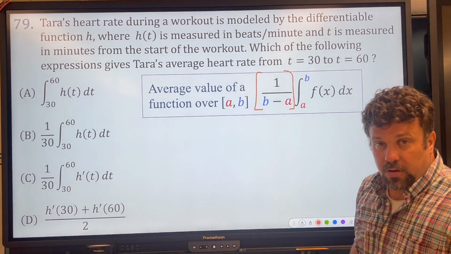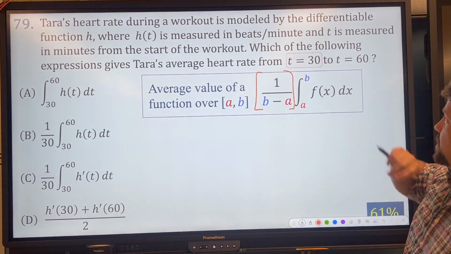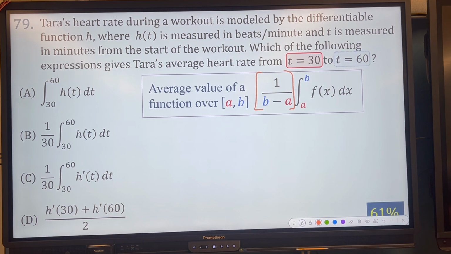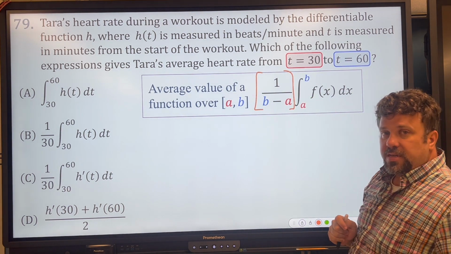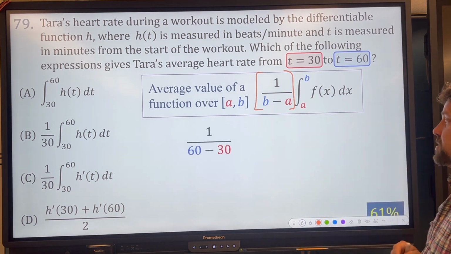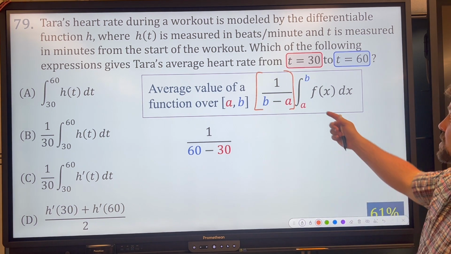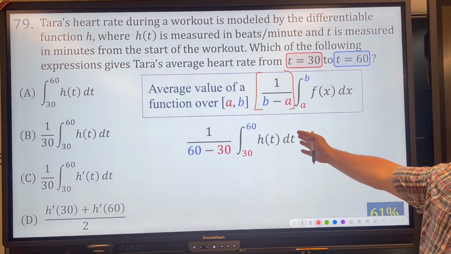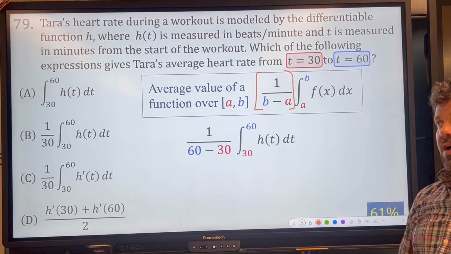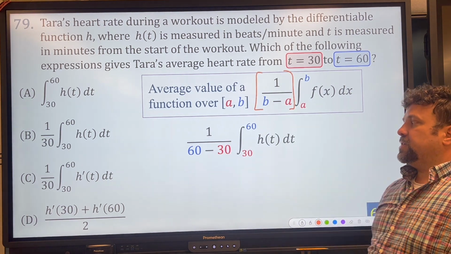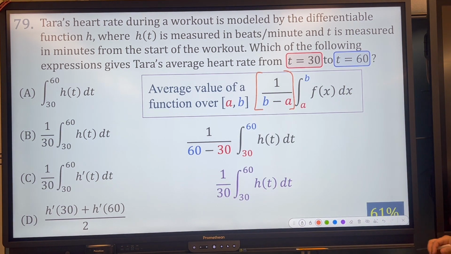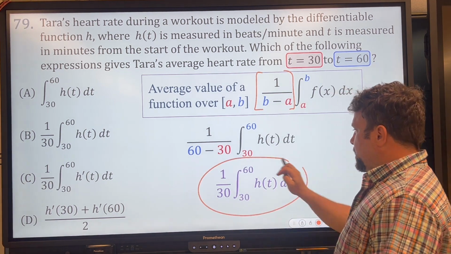Finding a and b is very simple. a is usually the smaller number, 90% of the time. So your a is 30, your b is 60, and then you type it straight into this simple equation. 1 over 60 minus 30, times the integral from 30 to 60 of h of t dt. You don't even have to solve it, you're just setting up the problem. 60 minus 30 is 30, so this is your answer right here, and you're done.